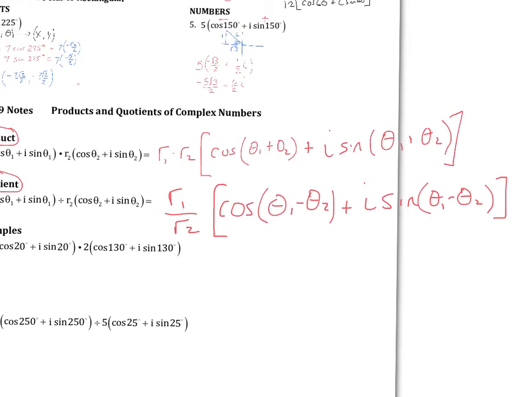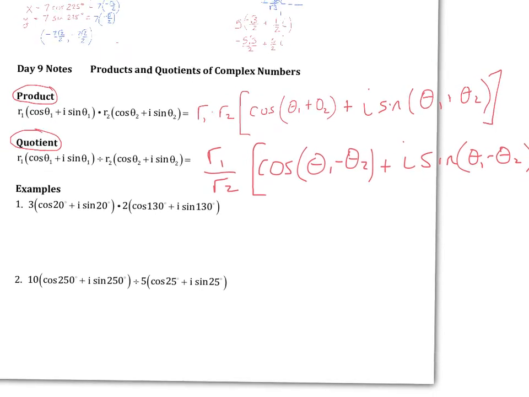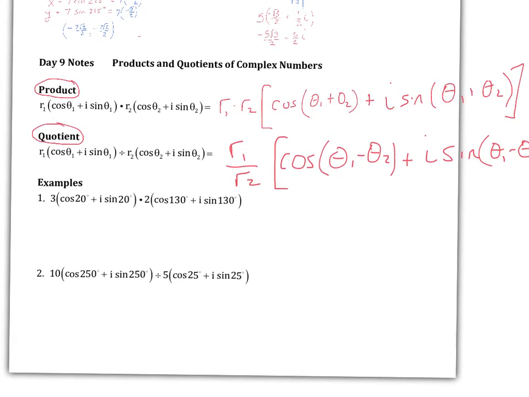So the first one here, I'm multiplying. So use that formula. 3 times 2 is 6. And it ends up being cosine of 20 plus 130, which is 150, plus i sine 150. 130 plus 20 is 150. And that's it.